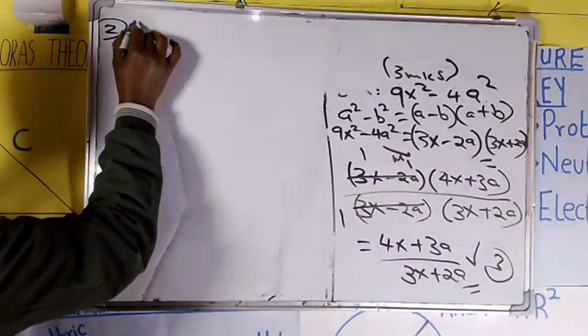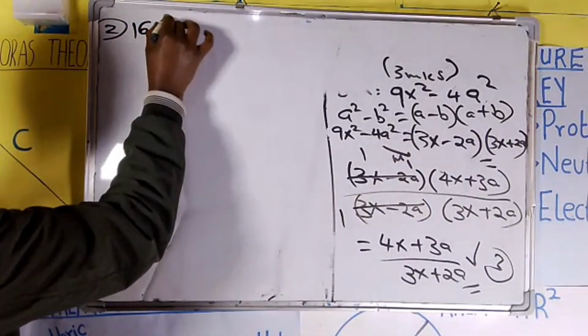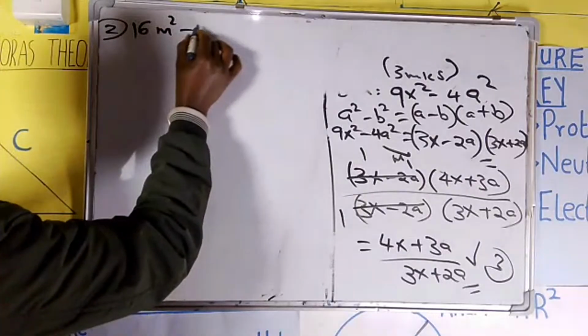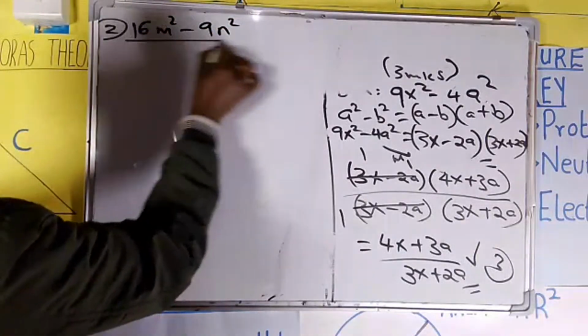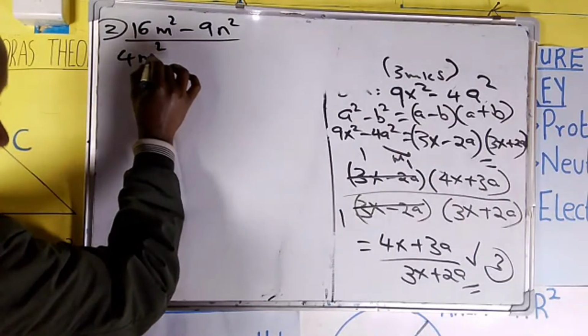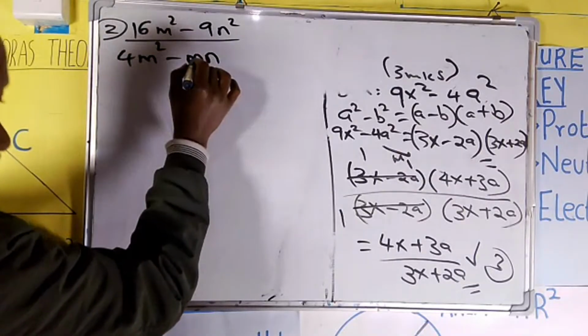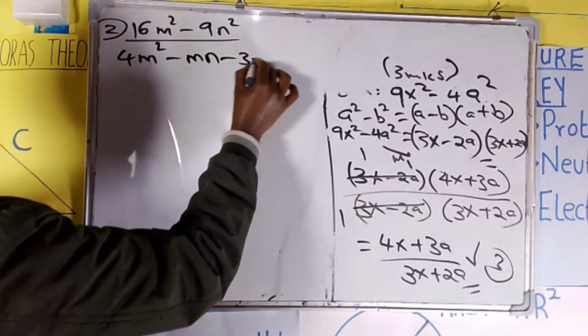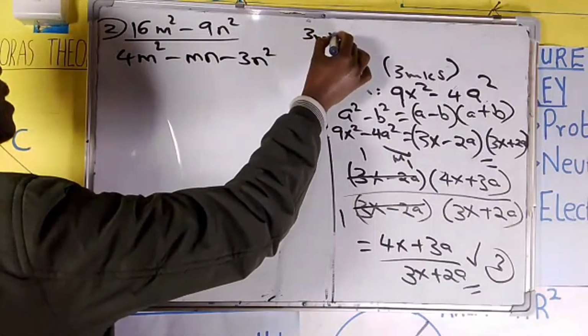Simplify 16m squared minus 9n squared over the denominator 4m squared minus mn minus 3n squared. Still we have 3 marks.